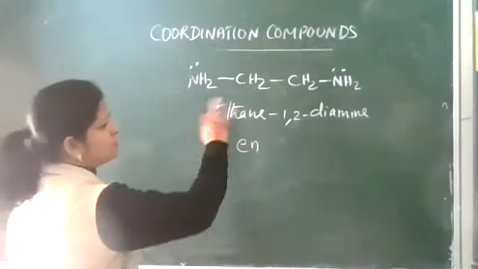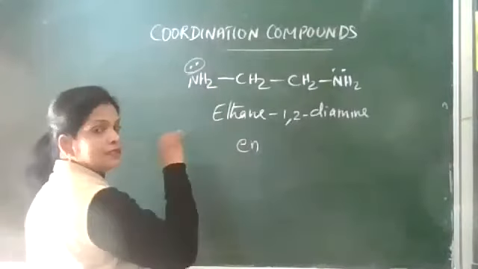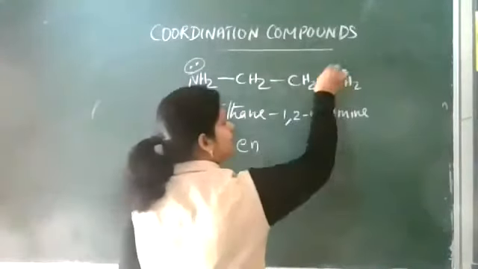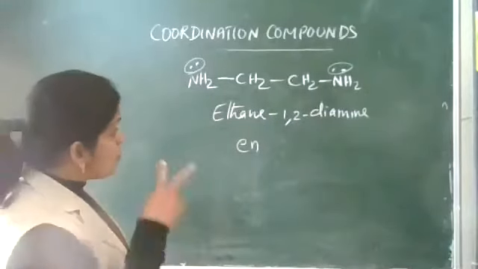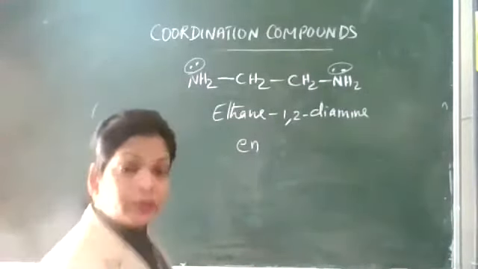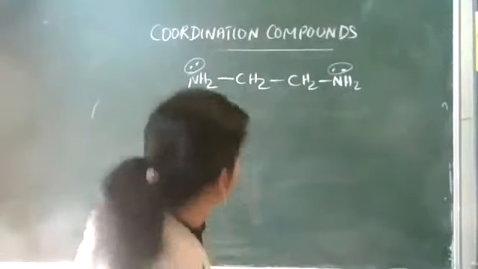Suppose this is the ligand. It can make a bond using this pair of electrons. At the same time, it can make a bond with this pair of electrons. So one ligand can make 2 bonds. Let's see in the case of cobalt.